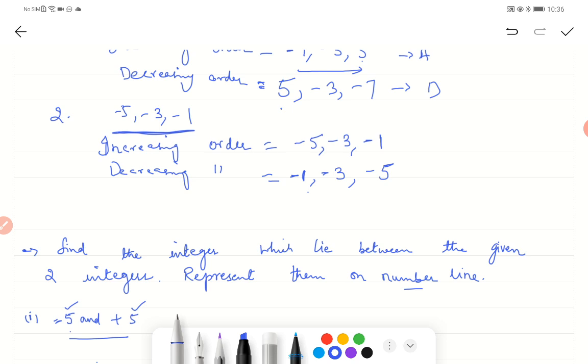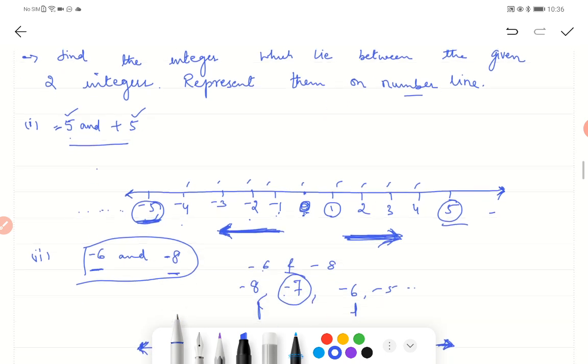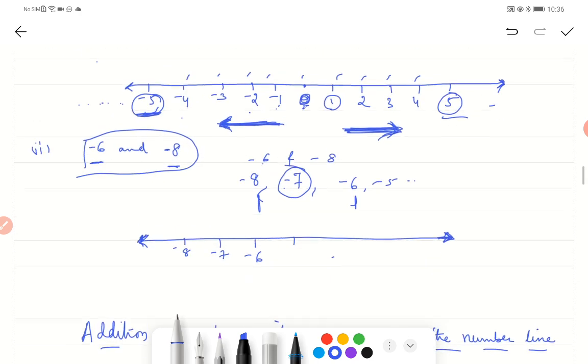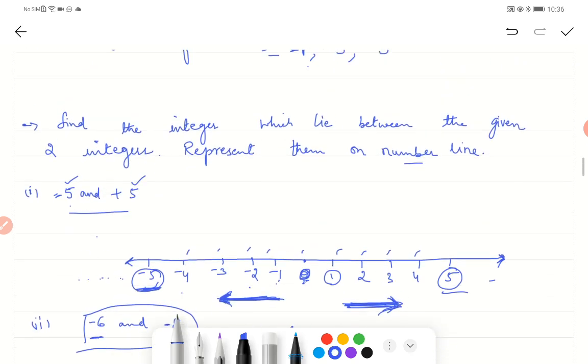You will also get questions to find the missing numbers between two integers and plot them on the number line. All these simple questions you're going to get. You have exercise questions based on these things. Now tell me, between minus 5 and, say, 3, in this box, what sign do I need to write?